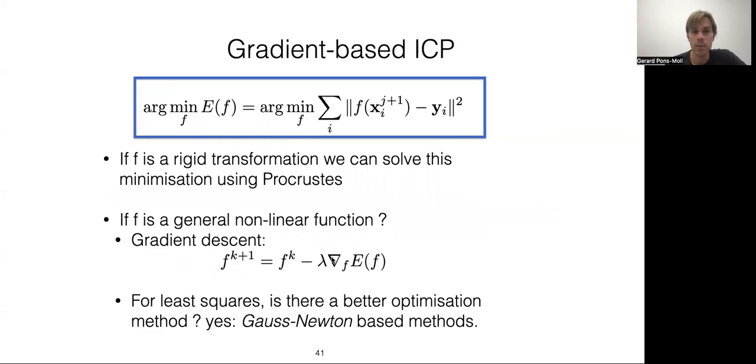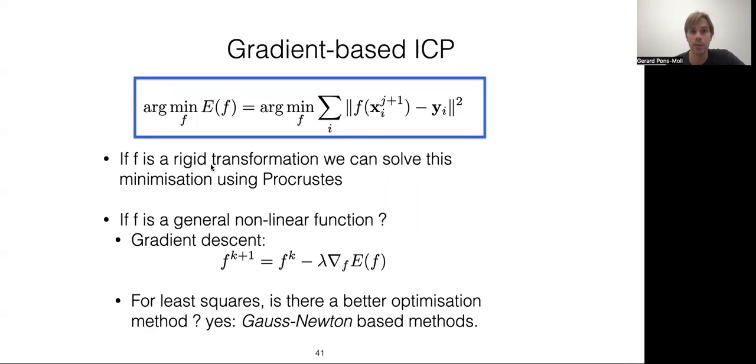This is what I call here gradient-based ICP, but this is just a name I came up with. So you have here the minimization of E over this transformation f, the argmin, and a sum over the target points yi, of the transformed point minus the target point, right?